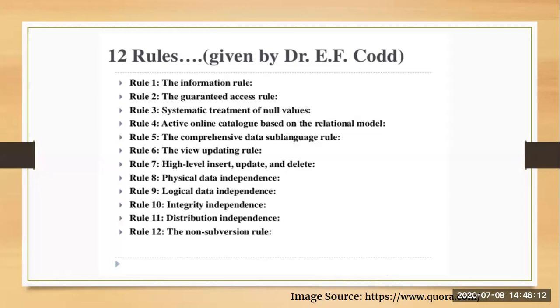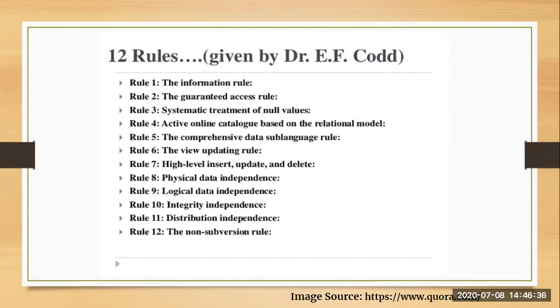So when I talk about the information rule, it says that in a relational database model, all the information should be explicitly and logically represented by the data in the form of tables. So any information which you are representing in your relational database has to be in the form of rows and columns only. Okay.